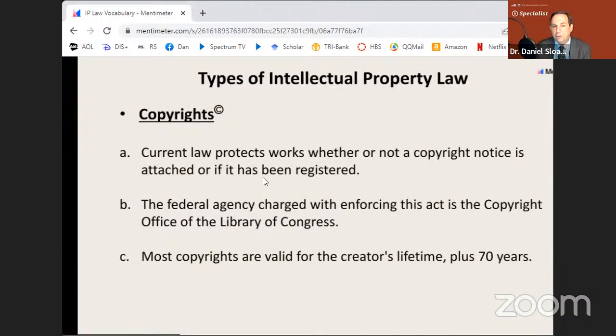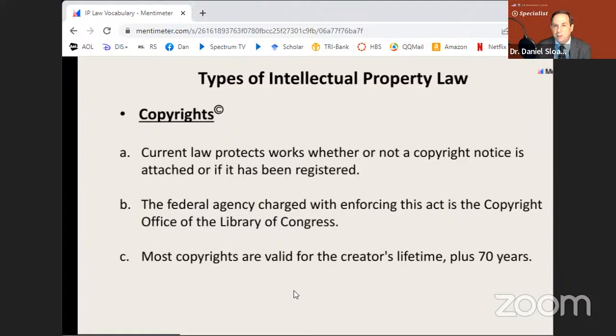Current law protects works whether or not a copyright notice is attached or has been registered. And the federal agency charged with enforcing this act in America is the Copyright Office of the Library of Congress.